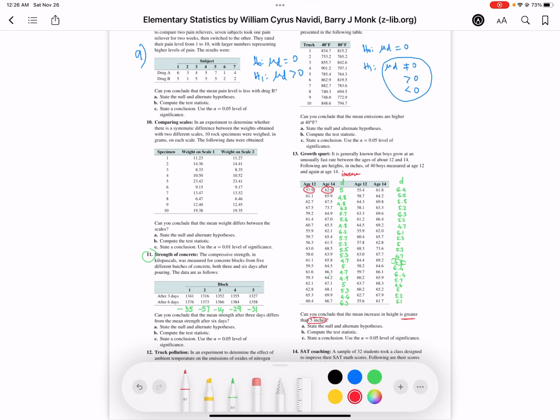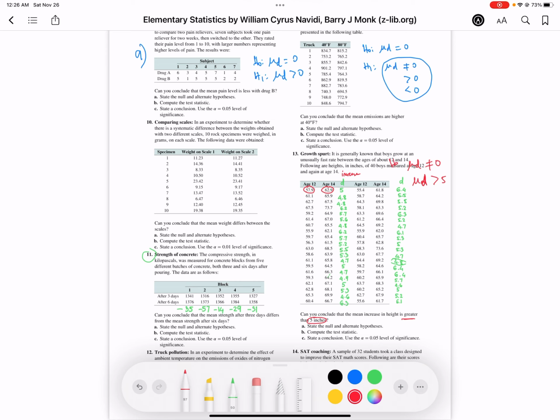So mu d not equal to 0 is not what we want. For H0, mu d equals 0, and for H1, mu d greater than 5.